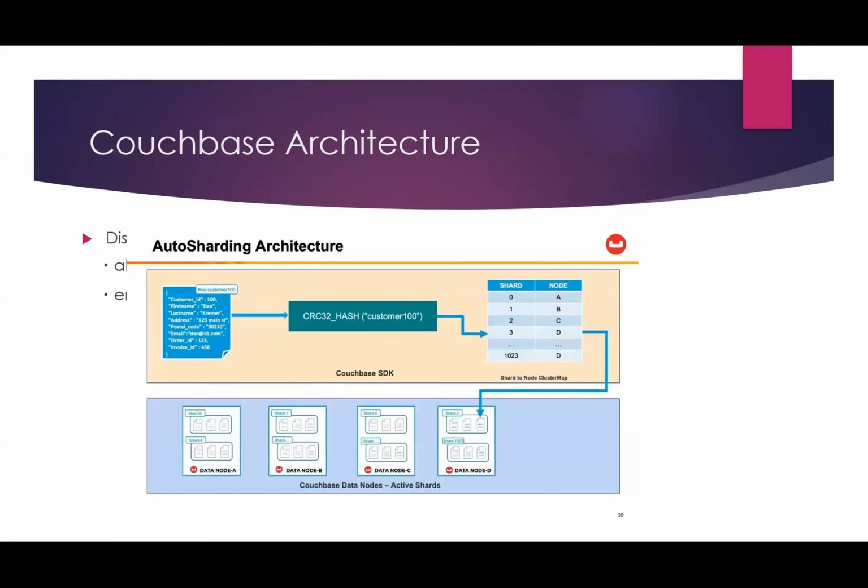As can be seen in this architecture image, the key value data is put through a CRC32 hash algorithm, which is then put into a specific shard, then assigned to a specific data node according to the mapping relationship in the cluster map. The flexibility of increasing or decreasing data nodes makes dynamic scalability and robust data management possible.